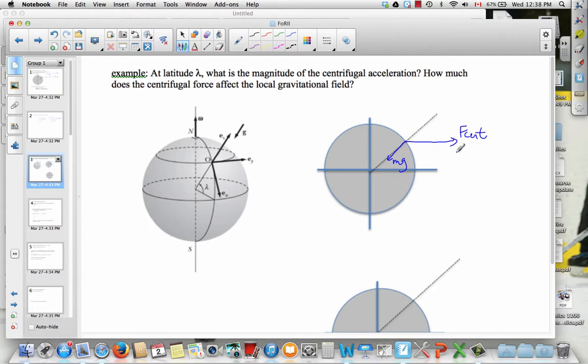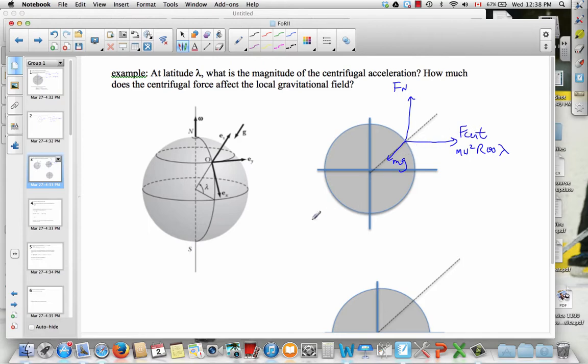And as we just saw, that's m omega squared r cos lambda. Now then, if you're standing on the surface of the Earth, there'll be a normal force that's going to balance the two of them. I'm greatly exaggerating the angular deviation. The normal force is really going to be very close to being opposite to mg, just because the centrifugal force is so small on the Earth.